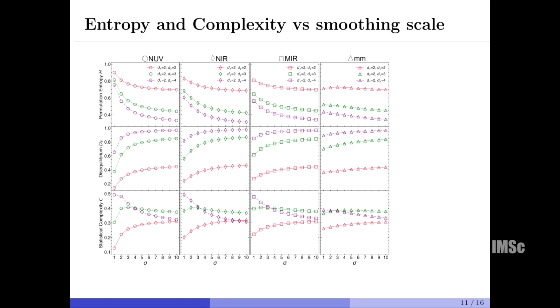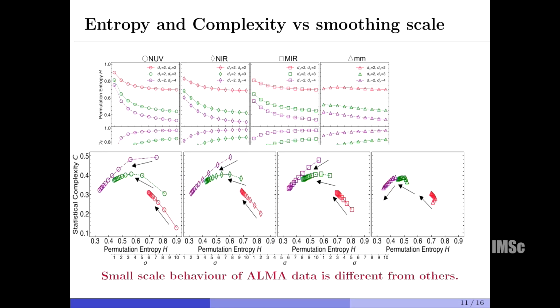Now from here we cannot extract much physics. So my interest is in plotting C versus H, using the C versus H plane like a phase space where each galaxy will occupy one point.